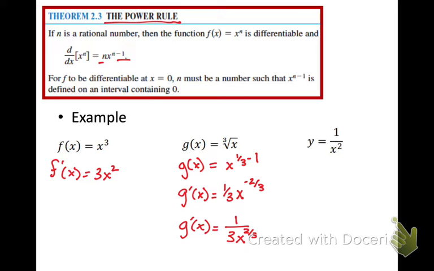So y equals 1/x squared. I need to bring it out of the denominator into the numerator, so what does that change it to? Negative. Y equals x to the negative second. So y prime would be what?